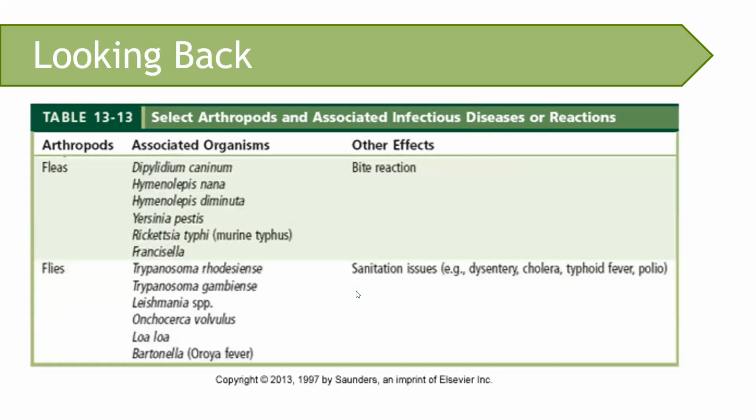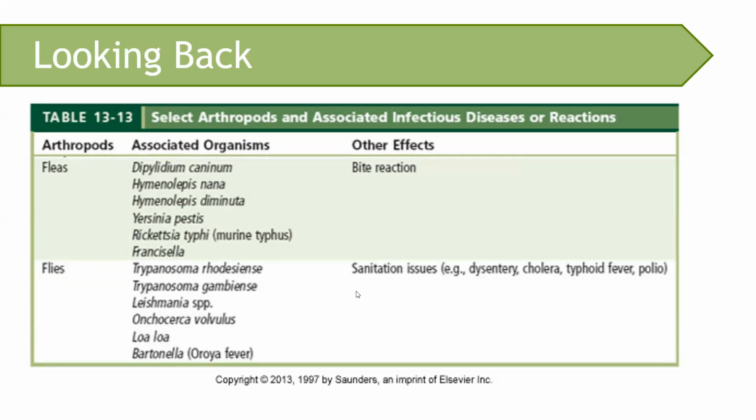For fleas, the parasites and bacteria associated with them are Dipylidium caninum, Hymenolepis diminuta, Hymenolepis nana, Yersinia pestis, Rickettsia typhi, the causative agent of murine typhus, and Francisella tularensis, the causative agent of tularemia.